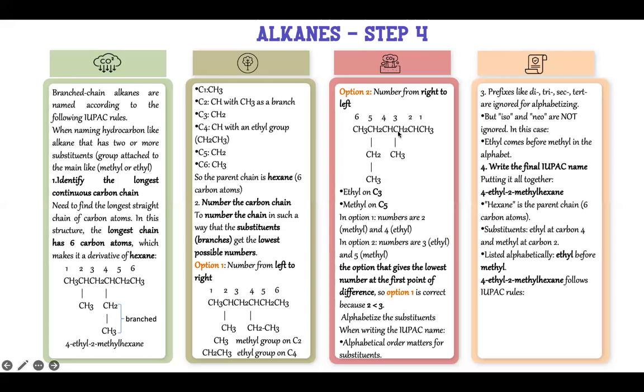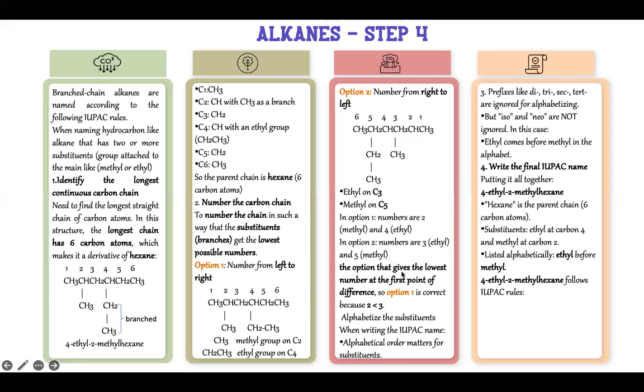At the position of carbon 3, there is a branch with a CH3. So in this case, ethyl is on carbon 3 and methyl is on carbon 5. So in option 1, the numbers are 2 for methyl and 4 for ethyl. In option 2, the numbers are 3 for ethyl and 5 for methyl.